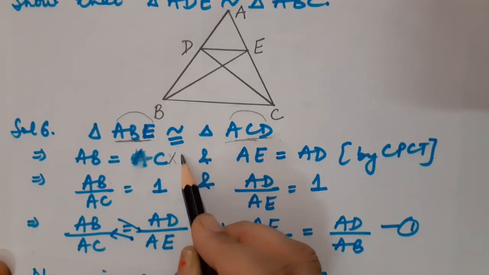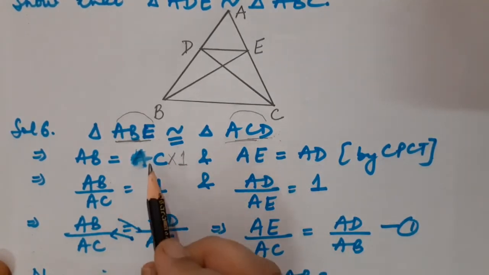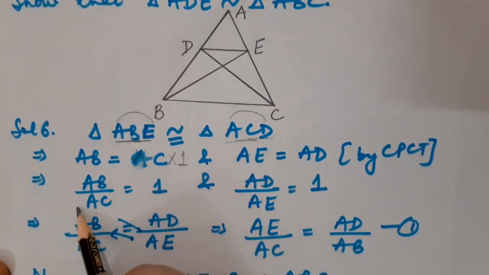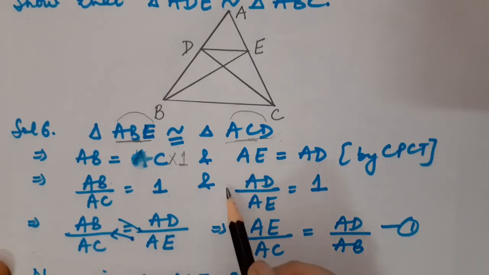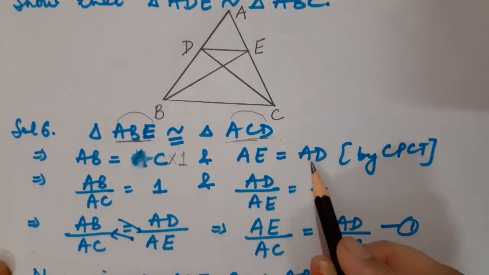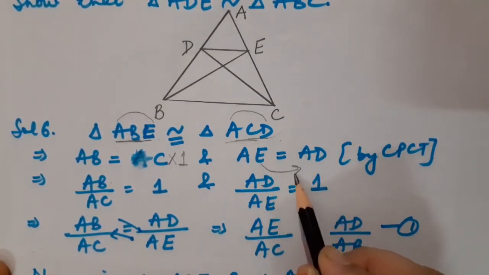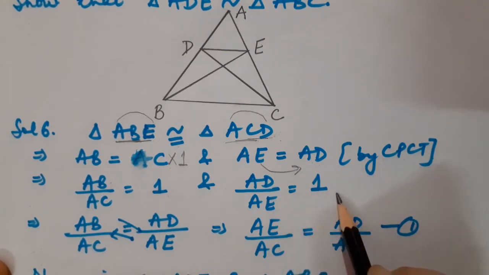Why? Because AC is multiplying by 1 here. I have brought this AC to the left hand side at the numerator place. So it would become AB upon AC is equal to 1. In the same manner, can I write AD upon AE is equal to 1? Of course, this can be done.